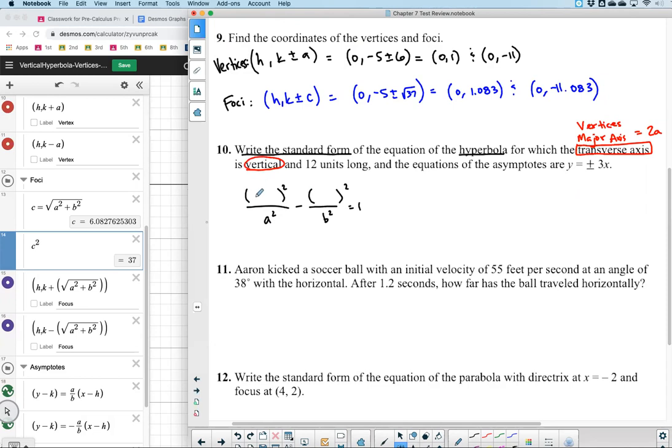The fact that it's vertical means that a is connected with the y. So that would be x there. And it's 12 units long. So if 2a equals 12, what does 1a equal? A equals 6. And so what does a squared equal? 36.